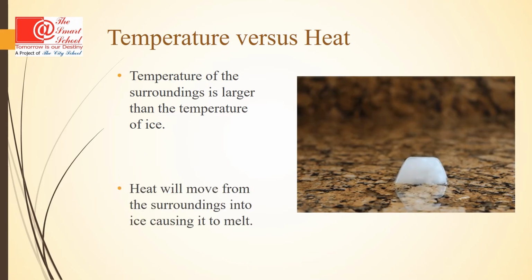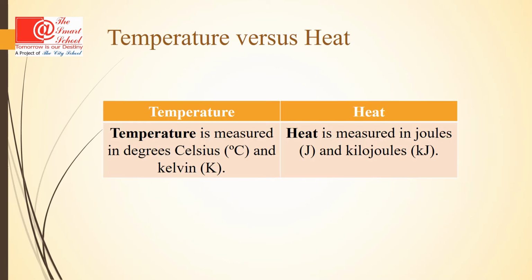Heat moves from the surroundings of the ice cube into it, causing it to melt. Temperature is measured in degrees Celsius and Kelvin, while heat is measured in joules and kilojoules.